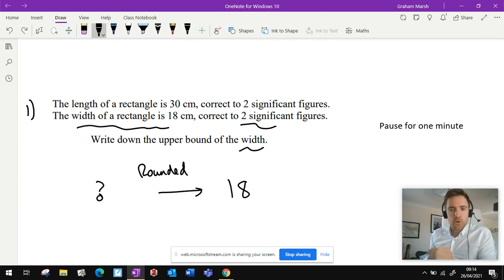It was rounded to 2 significant figures. The best way to work these out is to put down a number you think it could have been, and then round that to 2 significant figures, and if it goes to 18, then it's a valid number. And you're just trying to get the largest possible number that fits in that.